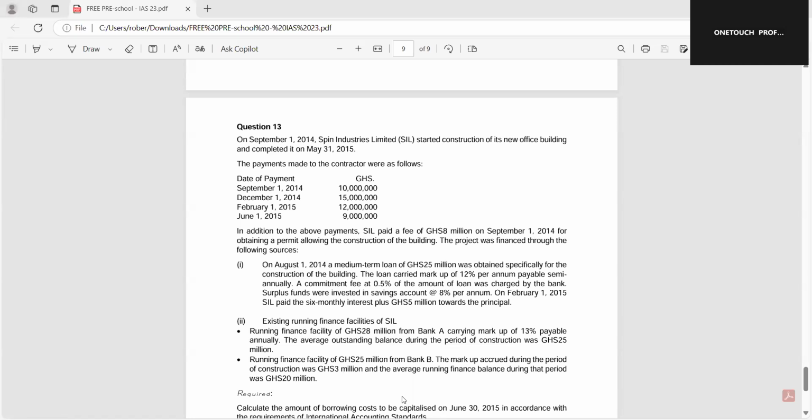The loan was marked up at 12%, meaning the loan attracted an interest of 12%. You know, the interest increases the amount of loan you pay. If you don't pay, it increases it. So the loan carries a markup. It increases by 12%, which is the interest. Okay. Thank you. Any other issue?